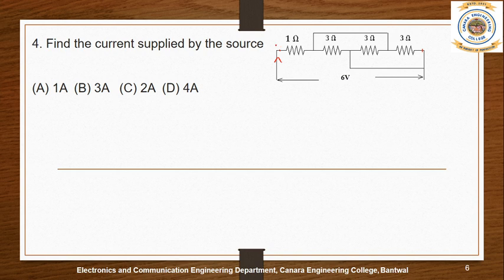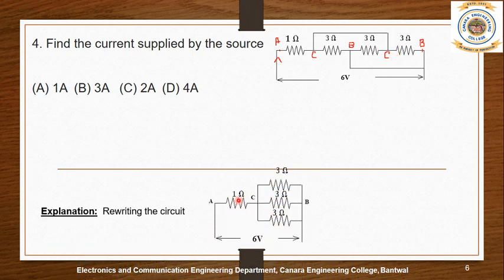For that purpose I will name this as node A, point A, B. Now this is a shorted point, so this is also point B. The other point, other than B and A, I will name it as C. And these are shorted, so this is also point C. That means these 3 ohm resistors are connected between B and C, all in parallel.